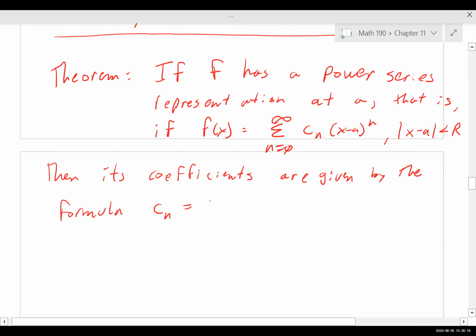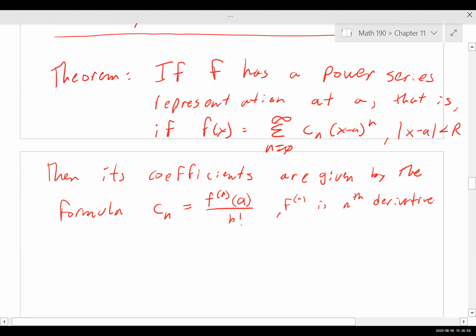c sub n is equal to the nth derivative of the function evaluated at a, over n factorial. Kind of cool. So f to the n, in parentheses, is the nth derivative of f at a. If you haven't seen that notation, that's the nth derivative, evaluated at a.